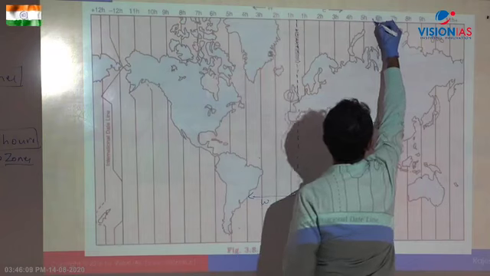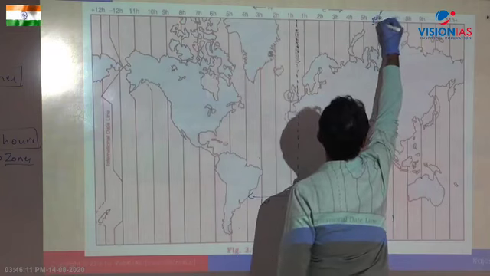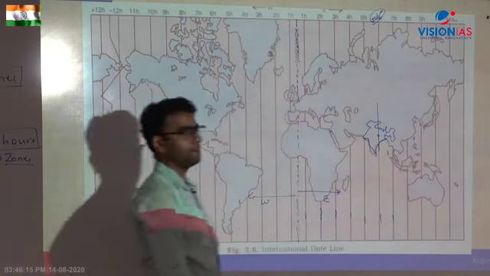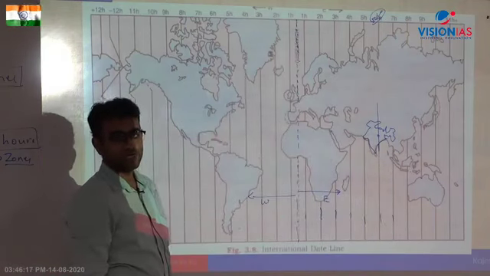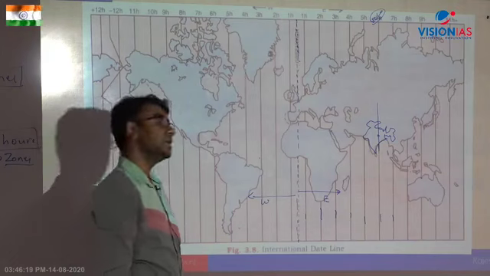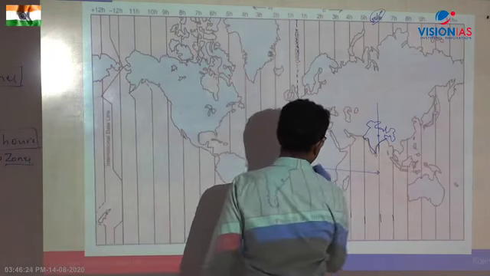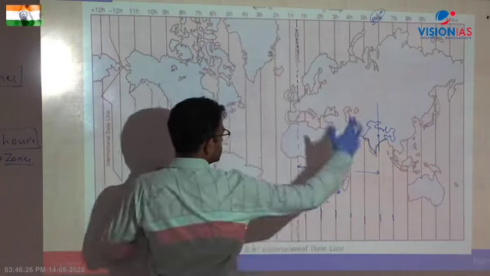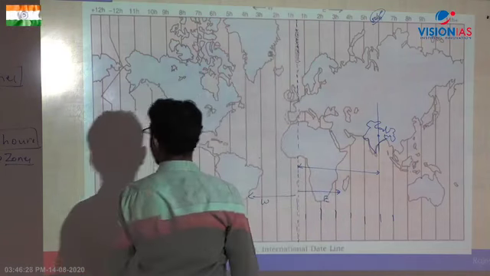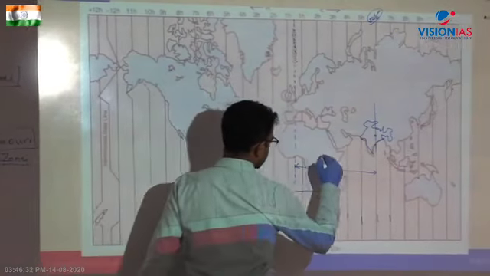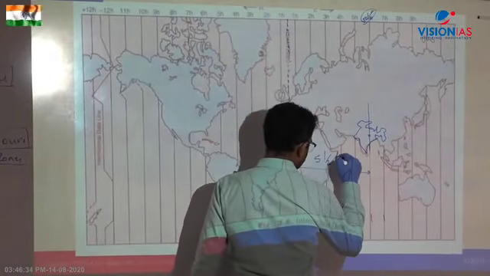We have 82.5 degree east longitude, which is considered to be passing at the center of India. So 82.5 degree east longitude, from Greenwich, how much of difference is there? Divide 82.5 by 15 degrees. You will get 5.5 hours.